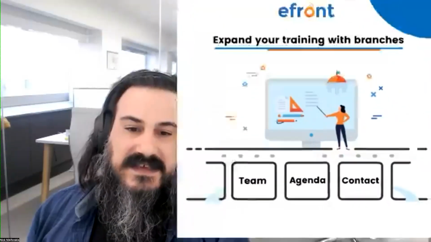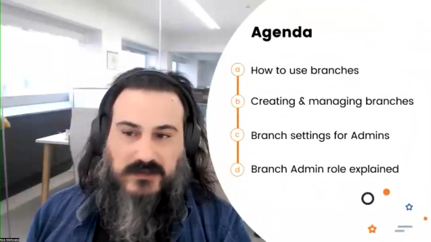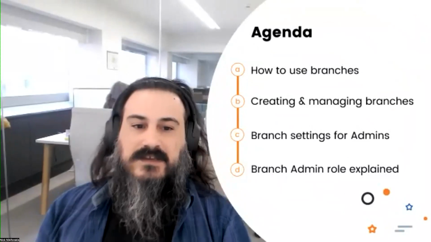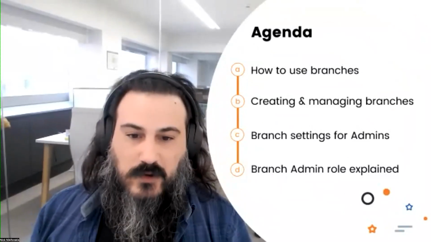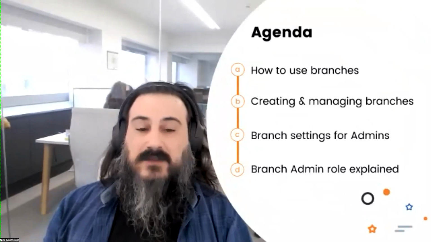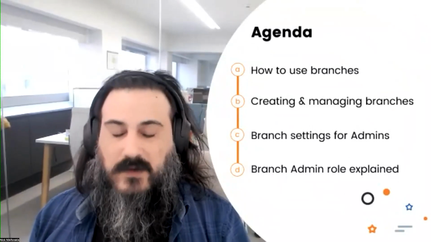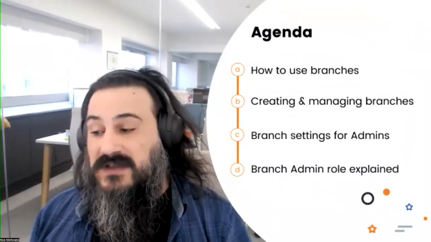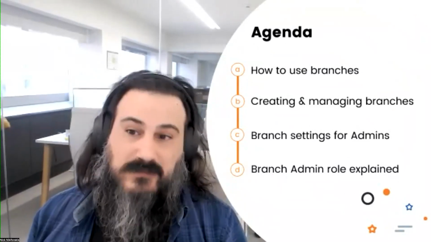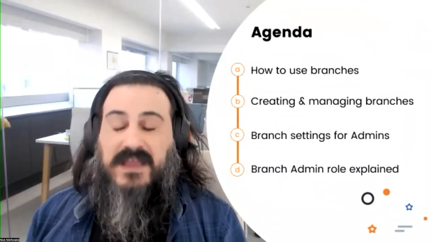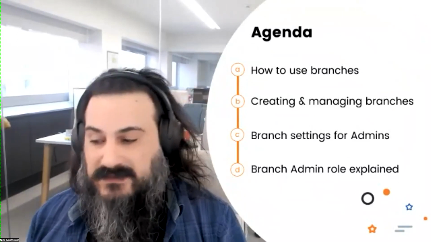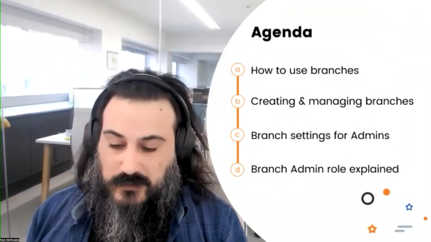And let's see the specifics of what we are going to talk about today. As we mentioned before, we're going to talk about branches, what they are and how we're going to use them. We're also going to see how you can create branches and how you can manage them to fit your organization. We're going to have a look finally at the branch settings, and we're going to look at this in a dual way.